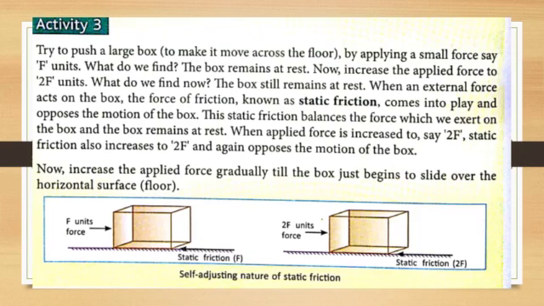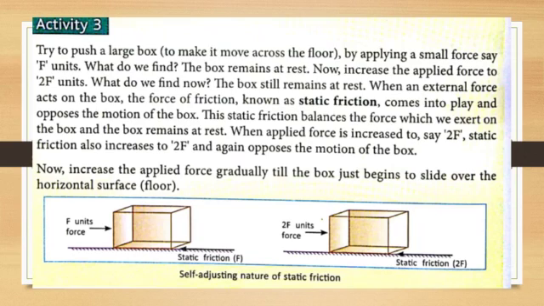The maximum value of the force of static friction comes into play when the body is just sliding over the horizontal surface. It is called limiting force of friction. Limiting force of friction is the force when the maximum value of the force of friction comes into play and the object starts moving or sliding on a horizontal surface.